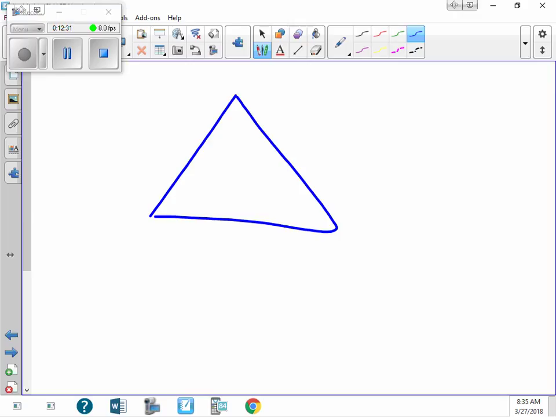And we're going to say something like this. This is A, B, and C. If this is 40 and this is 60, order the sides from smallest to largest. Well, I'm missing something.